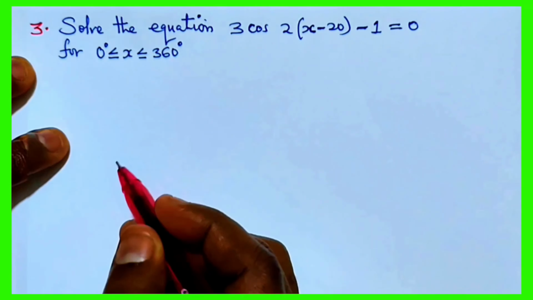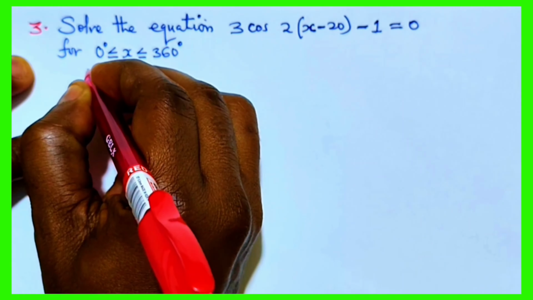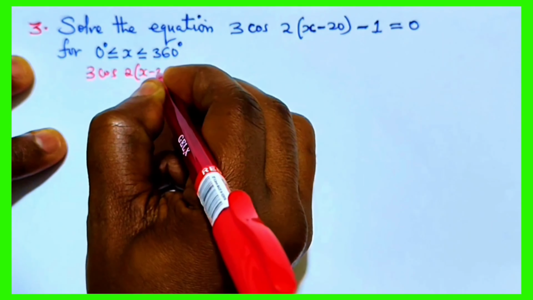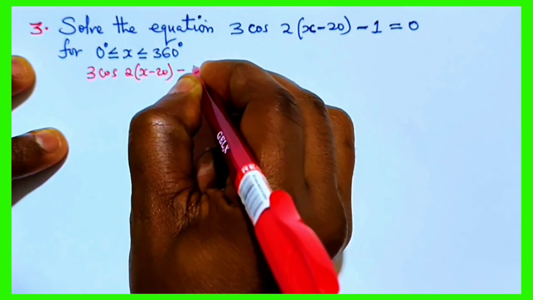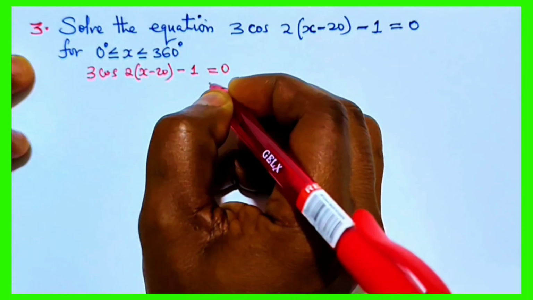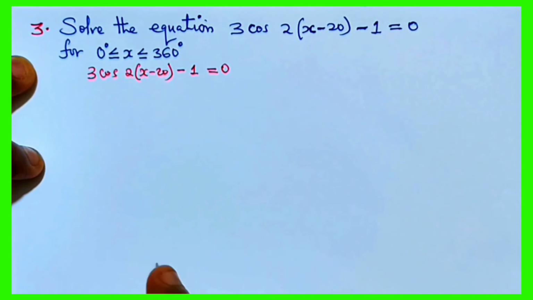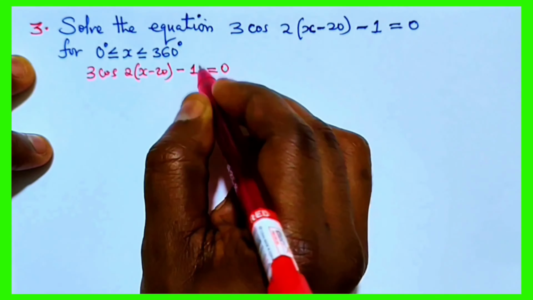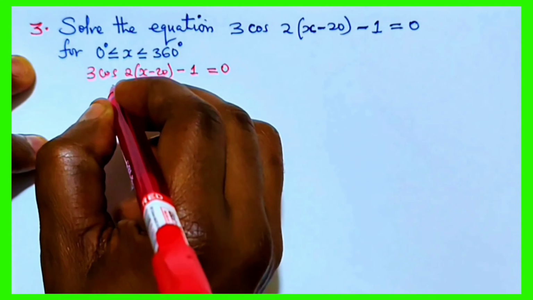Solution. So let's rewrite the equation. 3 cos 2 into x minus 20 minus 1 to be equal to 0. So the first step that we are going to consider is taking this negative number to the other side of the equal sign.